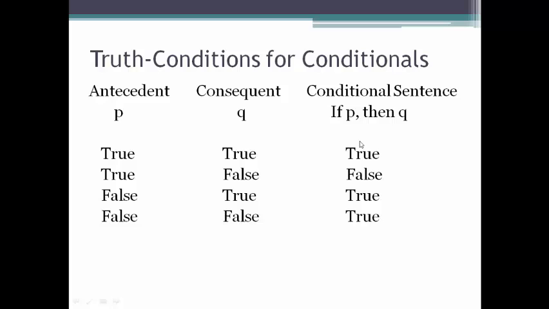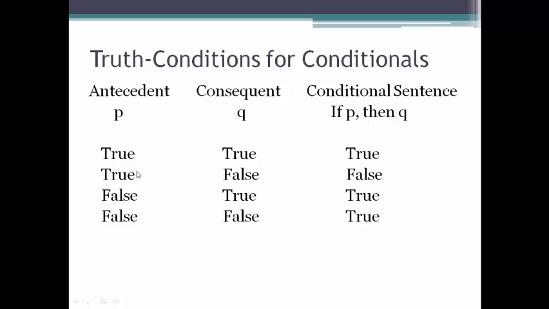Well, if you look here, you can see that when the antecedent is true and the consequent is true, the whole conditional is true. And that seems to make sense. So, for example, it says, if Lassie is a dog, then Lassie is an animal. Yep, your antecedent's true, your consequent's true, and the whole sentence is true.